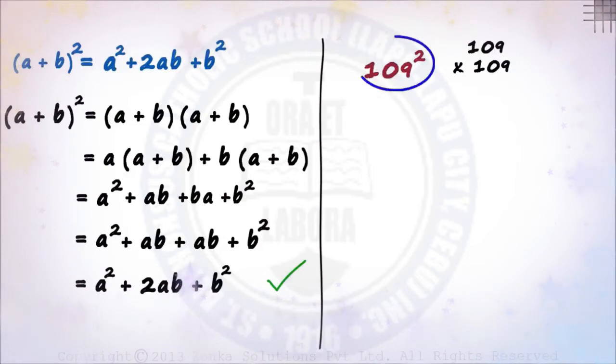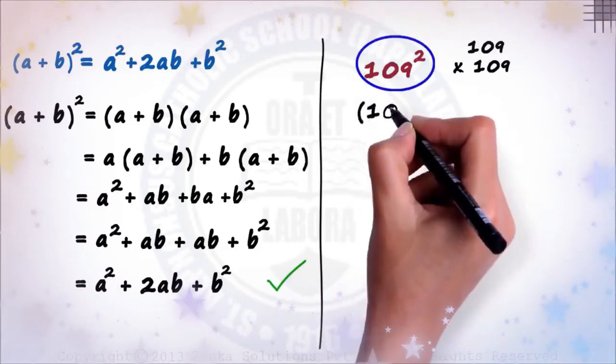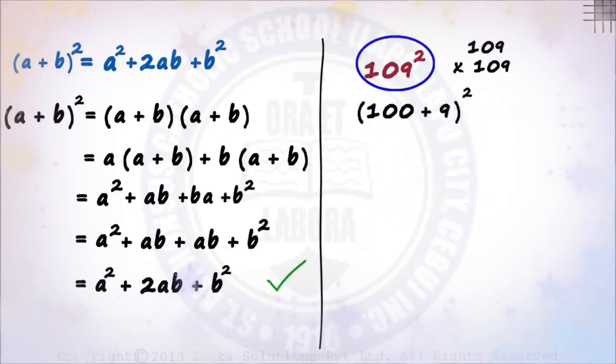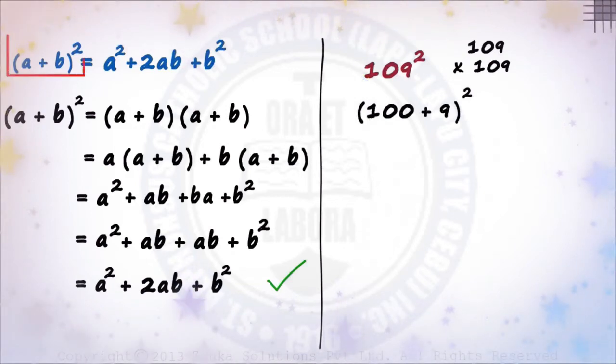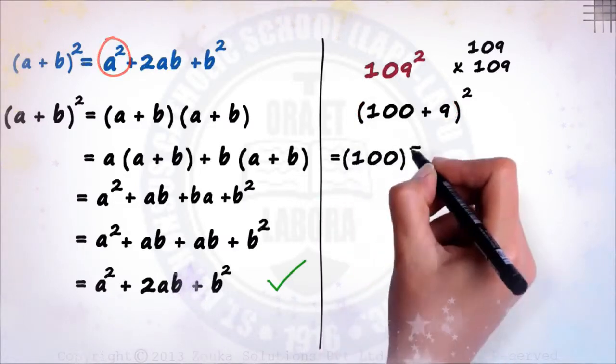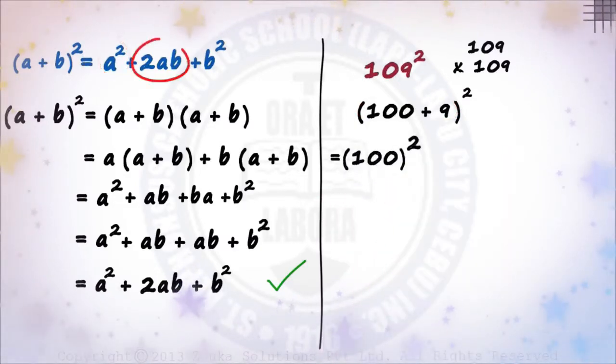We can write 109 squared as (100 plus 9) the whole squared. Now we have it in this form. We can say 100 is a and 9 is b. The first term is a squared, so here it will be 100 squared. The next term is 2ab.